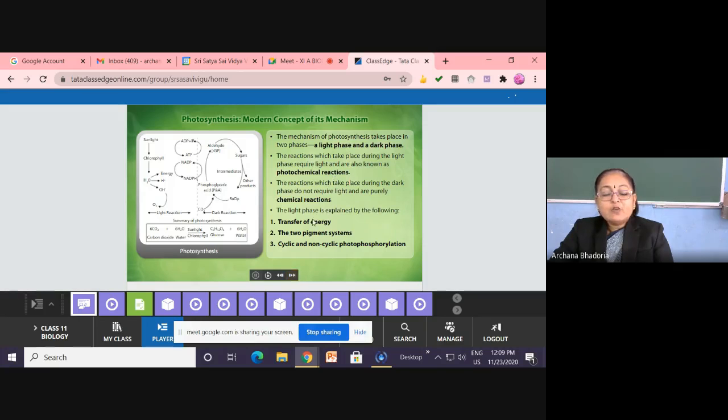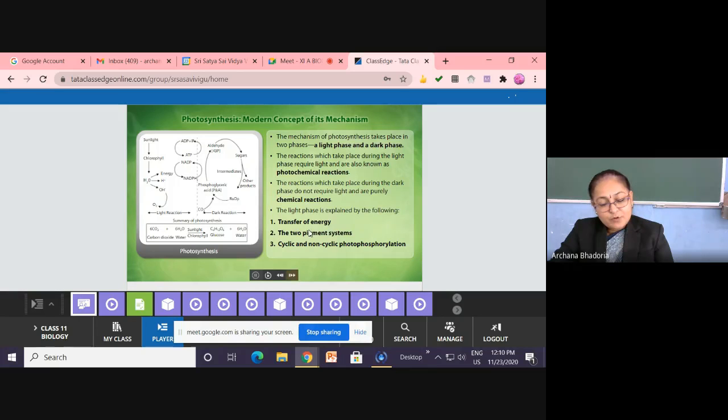Noted everyone? Now you write down, light reaction time, what will happen. So first point you write down, transfer of energy will be there, two pigment systems will be involved and there will be cyclic and non-cyclic photophosphorylation. Note it quickly. The light reaction is explained by the following.